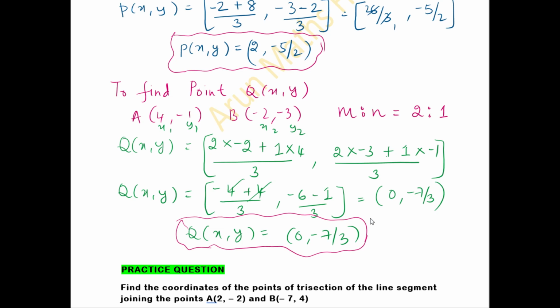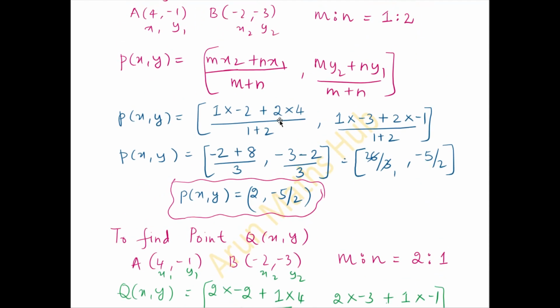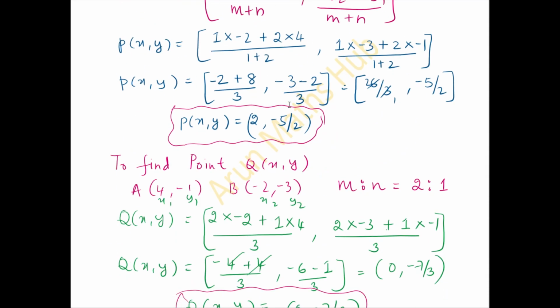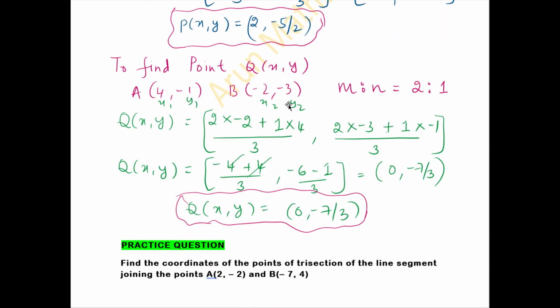You can find out the point Q by using the midpoint formula between the point P and B also, but easiest will be by using the section formula. The practice question for you is find the coordinates of the points of trisection of the line segment joining the points A of 2 comma minus 2 and B of minus 7 comma 4.